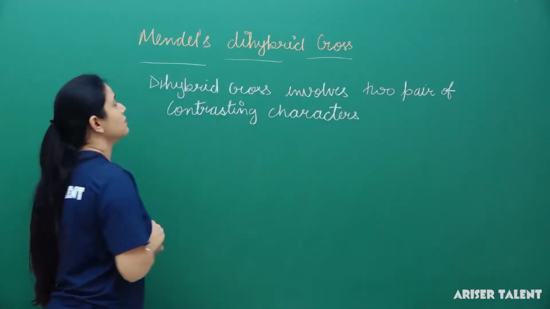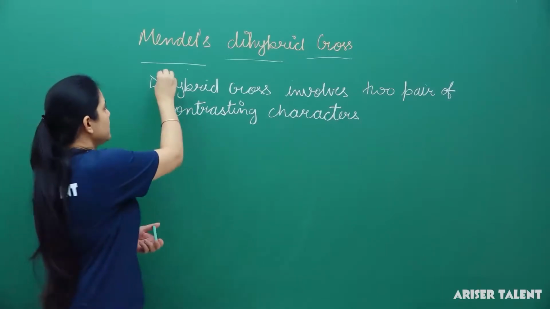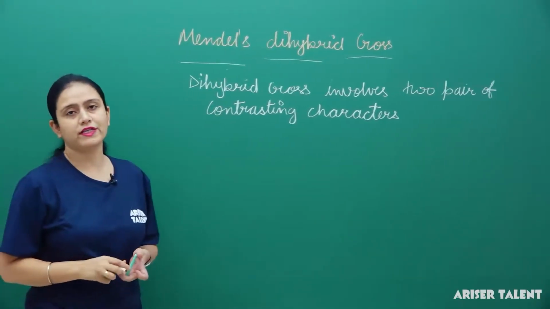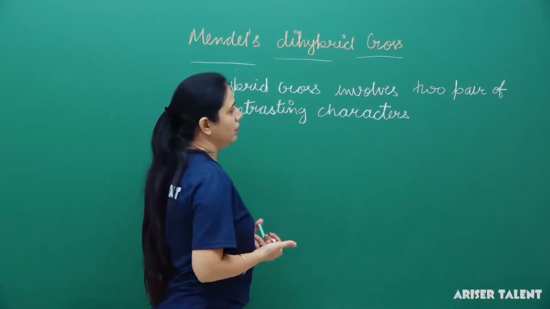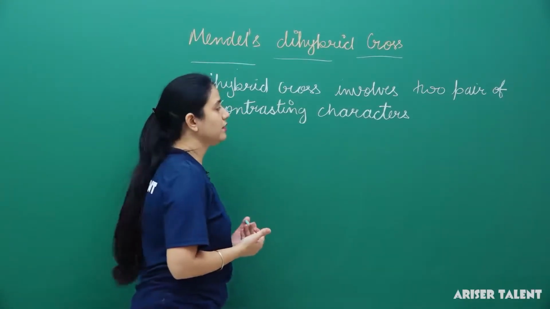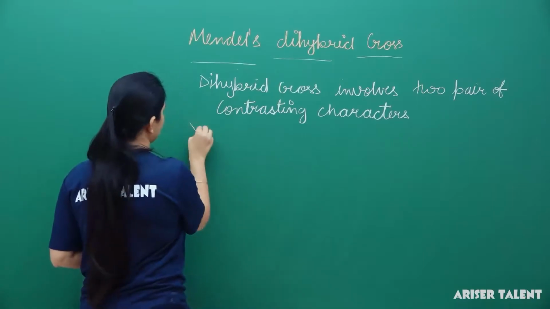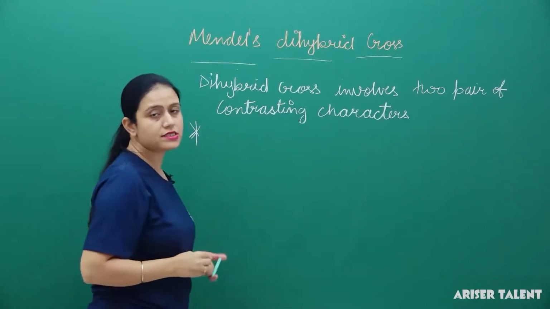Okay, so this is the meaning of dihybrid cross: it involves two contrasting characters of a plant, or whatever human being is there. Fine. So here in this lecture we are going to talk about Mendel's dihybrid cross.